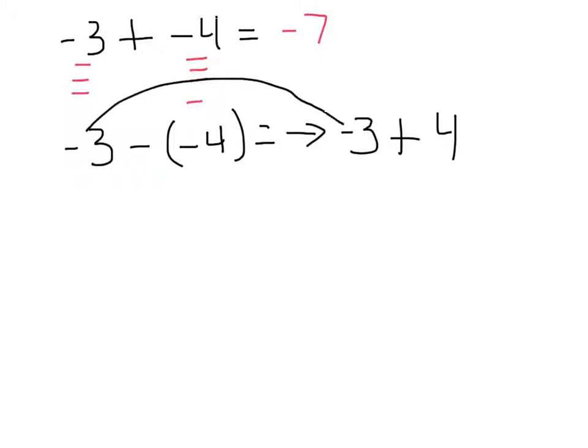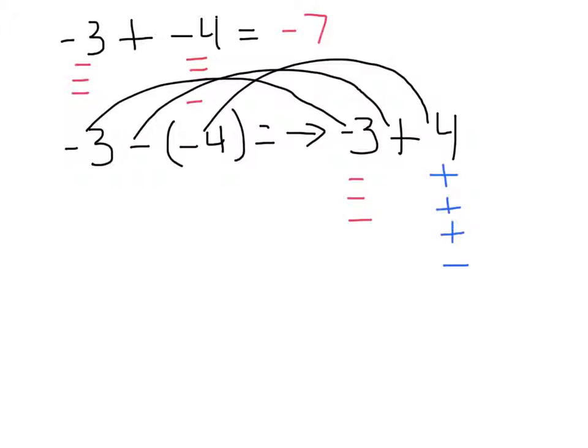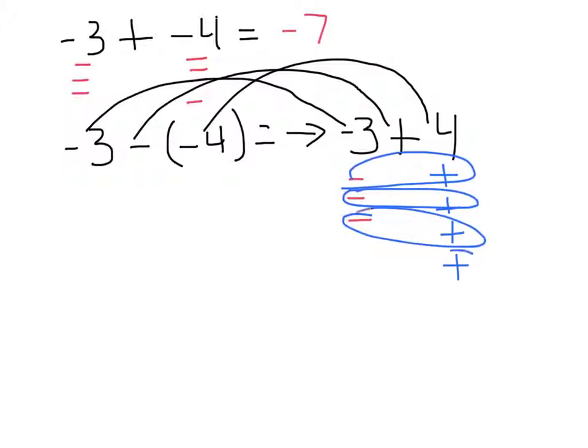Here was our stay, here was our change, here was our change. Now we have -3 plus 4. 3 negatives, 4 positives, 0 pairs. Answer, +1.